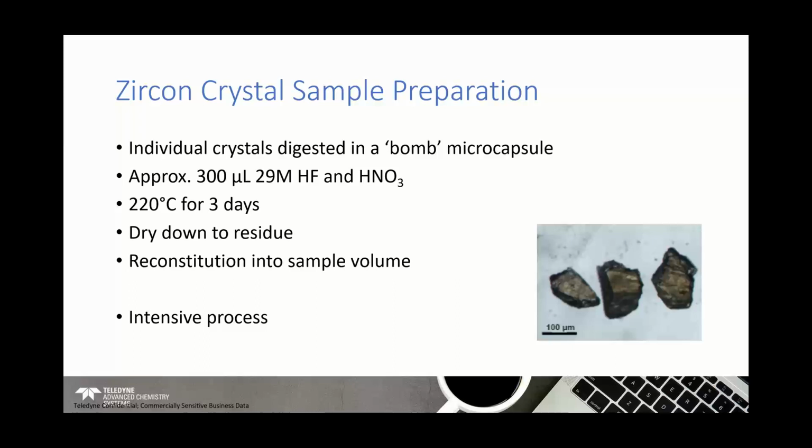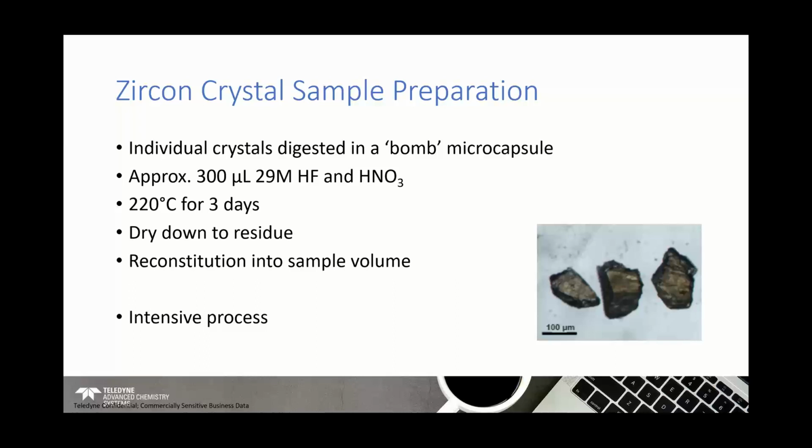For each crystal, approximately 300 microliters of very strong hydrofluoric and nitric acid are used. You put these samples at high temperature, in this case 220 degrees C, for 3 days until they are digested down. So this is a very intensive process.